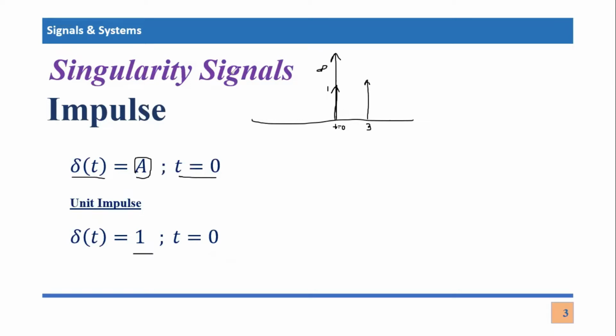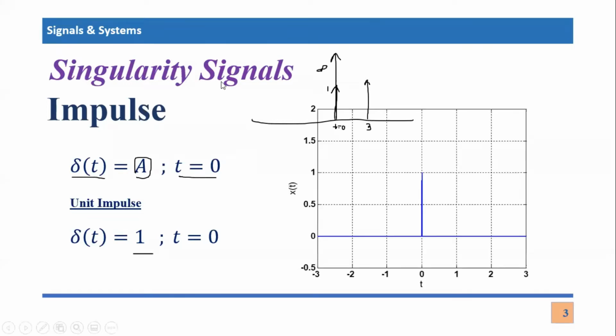Let me show you a real-time graph which I have plotted in the MATLAB environment. So yeah, this is the graph. In this picture, this is a complete time axis shown from -3 to 3, and only at the instant time equal to 0 there is a pulse, a short noise.